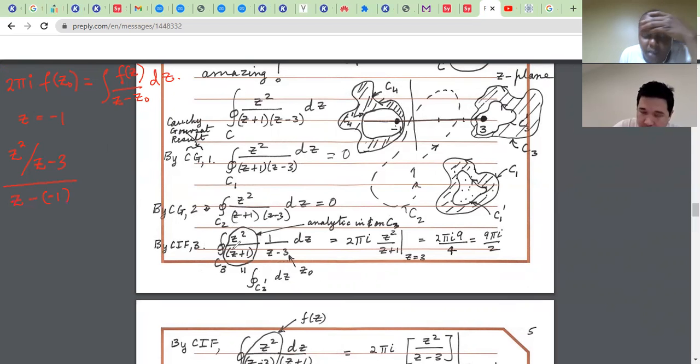I have written it all over again so that you can see your f of Z on top and the Z minus Z0 down below.